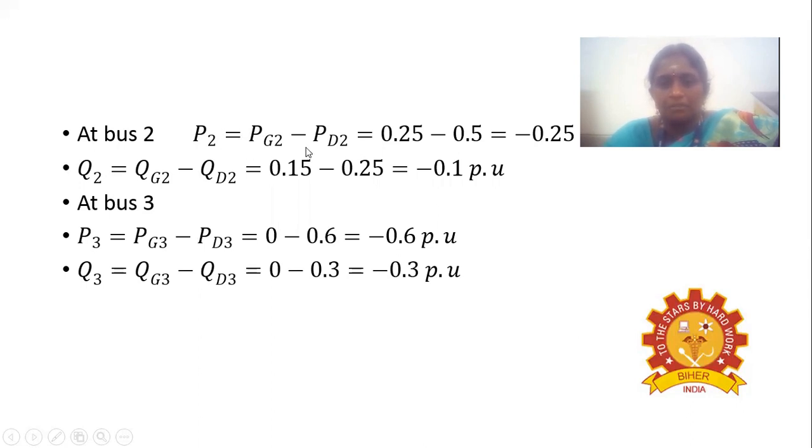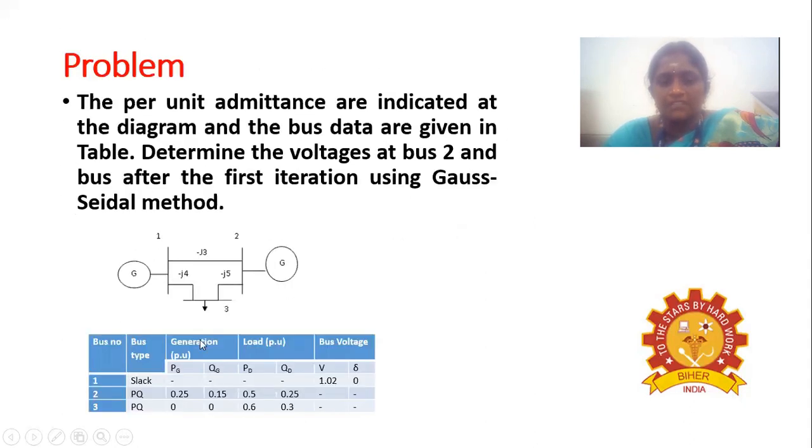So P2 equals PG2 minus PD2, that will be equal to 0.25 minus 0.5 equals minus 0.25. Q2 equals QG2 minus QD2. So 0.15 minus 0.25 equals minus 0.1. Like that, similarly, you find at bus 3 also, P3 and Q3 from the given values.